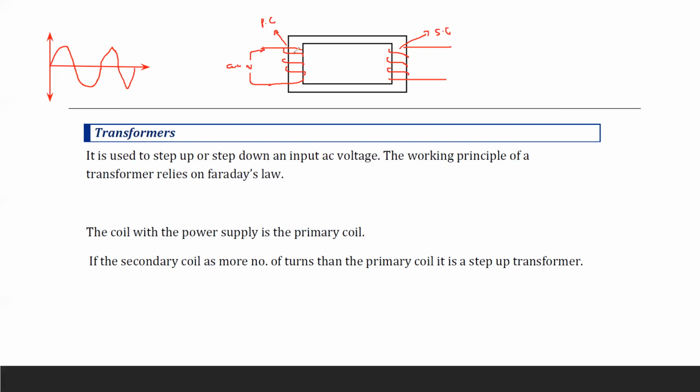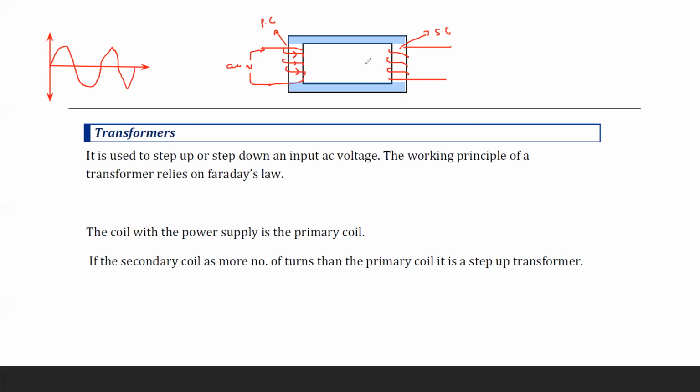First, an AC input produces a variable magnetic field which magnetizes this iron. So this iron core will behave like a magnet. And the change in the magnetic field of the iron core will induce EMF in the secondary coil.